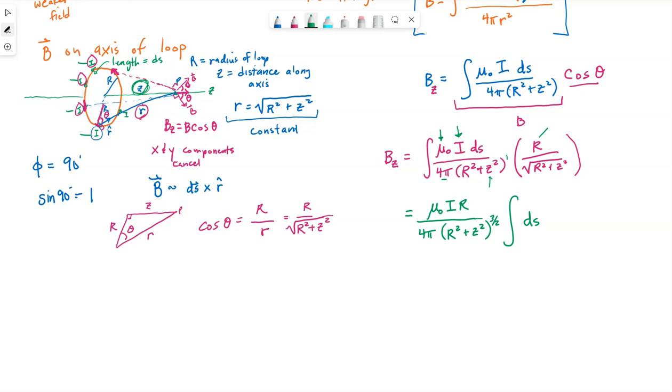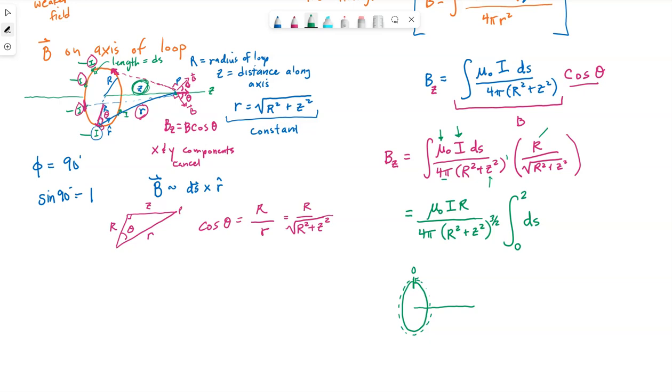So what this means, just thinking about my loop, in order to account for every piece of the loop, let's say I start up here, and I want to add all of these little pieces of current all the way around, my limits of integration are going to be from where I started, which I'm just calling 0, to how far I've traveled to get all the way back to here.